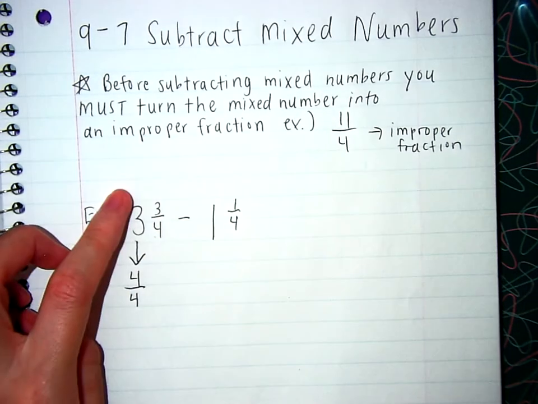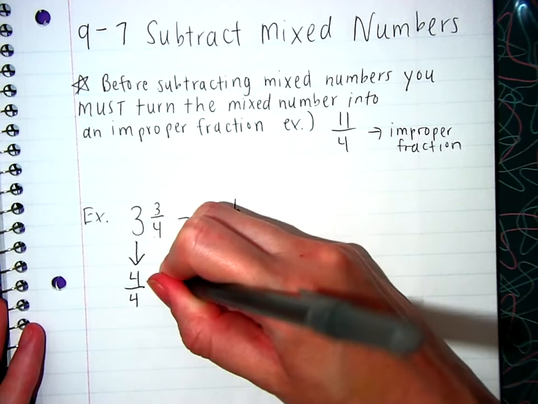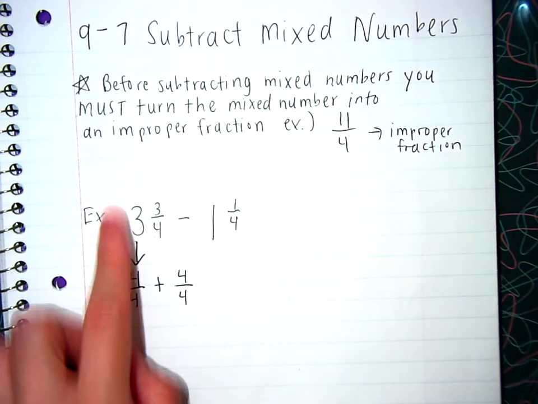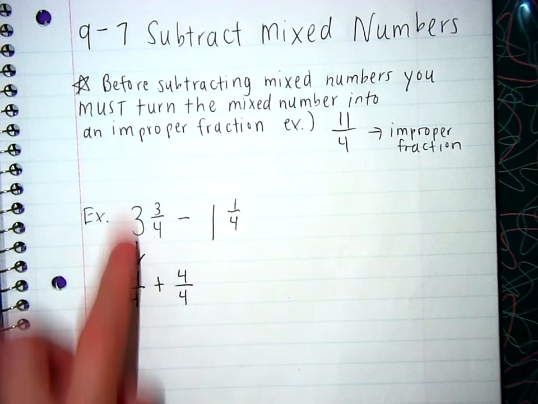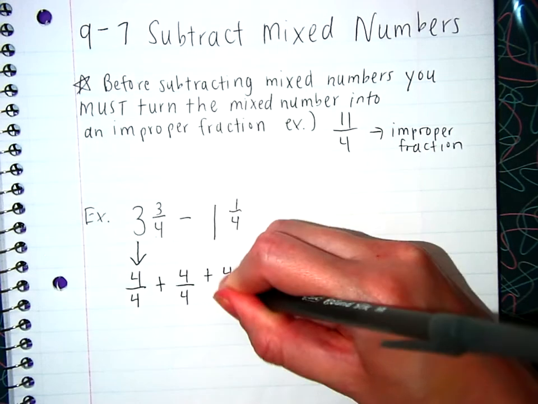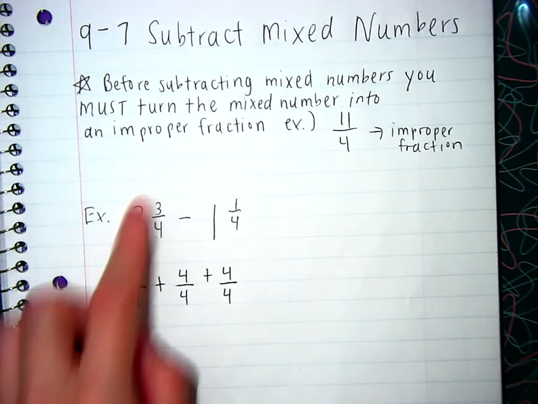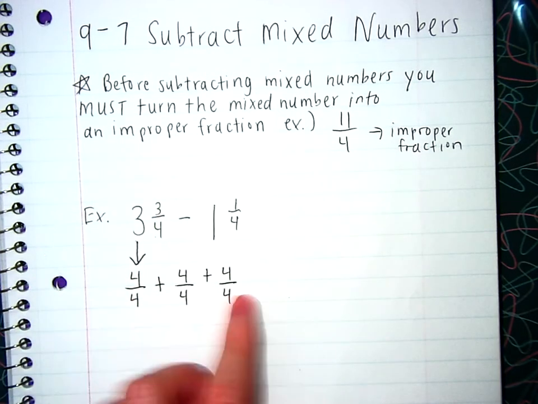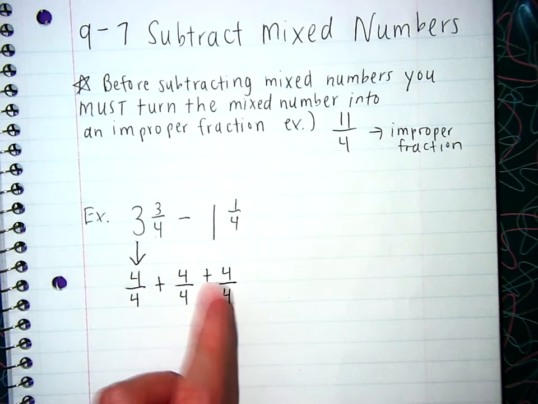But there's 3 wholes here, so we have another 4/4, that's 1 more, so this is 2, but we need to get to 3. So then that's 1 more 4/4. So this is what the 3 whole looks like in fraction part.